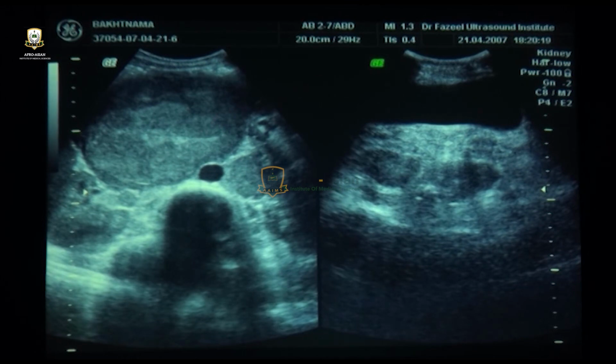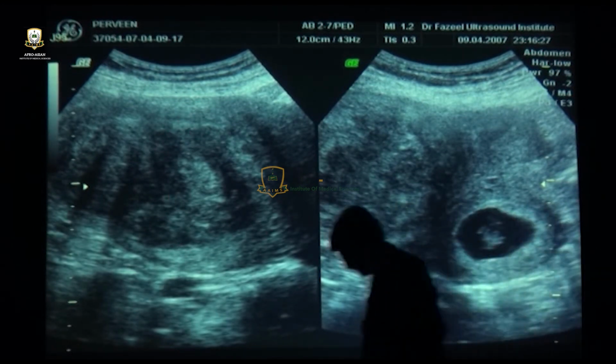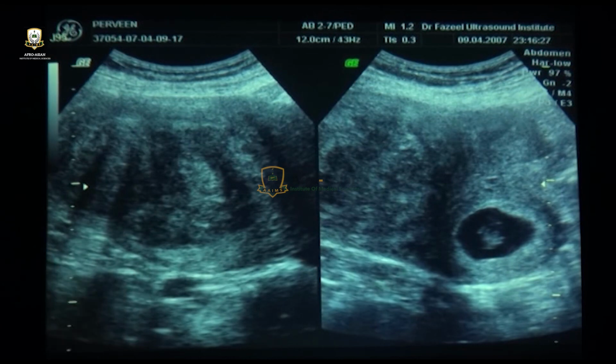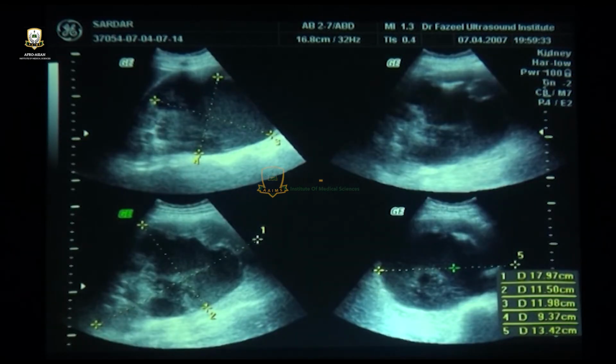This is a very solid tumor, highly anaplastic ovarian tumor. Here you can see the recurrence, like the teeth of a comb, just like that. These are the fibroid, pregnancy with fibroid, endometrioma and a normal cyst.